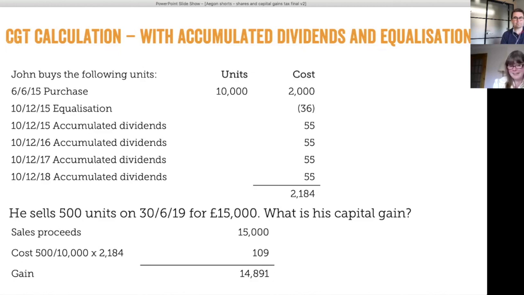When he comes to sell the 500 units in June 2019, his capital gains tax calculation would be the £15,000 sales proceeds less the average cost of 500 divided by 10,000 multiplied by his average cost of £2,184. That gives you a cost of £109 to offset against the sales proceeds of £15,000, so it gives you a net gain of £14,891. And that is a classic exam question right there.